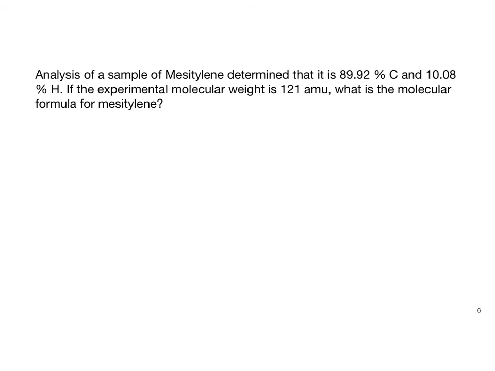So let's do another example. In this example, analysis of a sample of mescaline determined that it was 89.92% carbon and 10.08% hydrogen. So the first step is the 100 gram assumption.